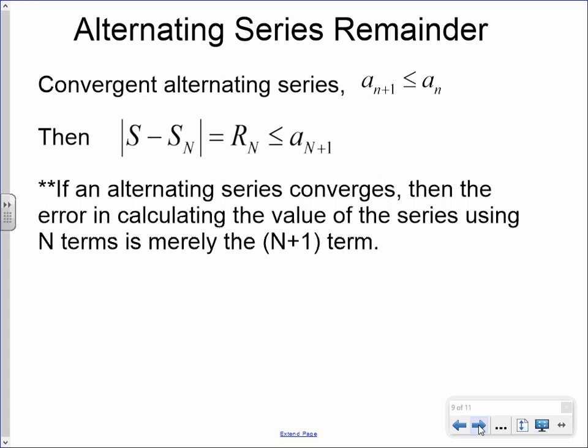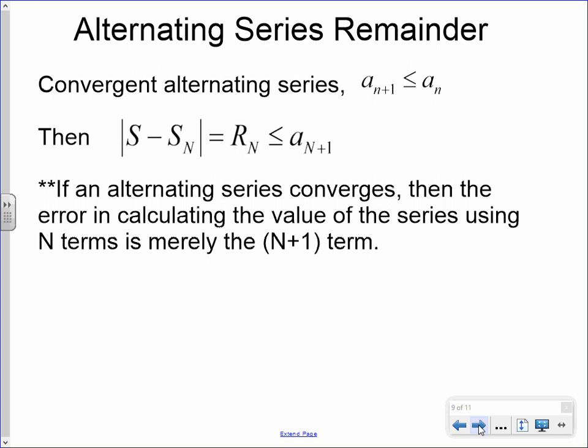Okay. S stands for what? Sum. Which sum? The infinite sum, which is what the sigma is telling you. Okay. S sub n stands for which sum? The nth sum. So it could be like the 6th partial sum or the 10th partial sum.